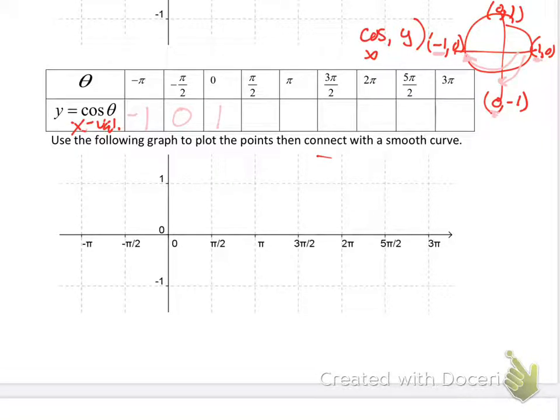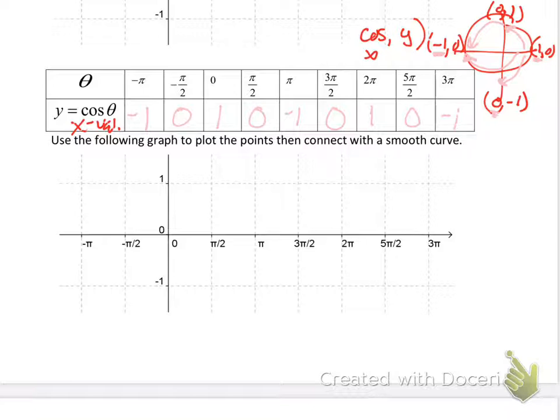Notice it's having the same pattern, right? At pi over 2, which is this 90 degree mark, my x value is 0. At pi, my x value is negative 1. 3 pi over 2, 0. The pattern is continuing, right? And then I'm going to go to the next one, 1, 0, -1. Okay.